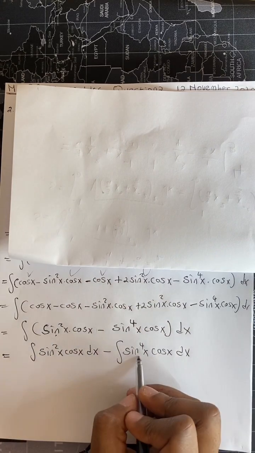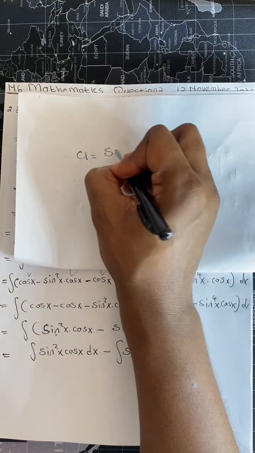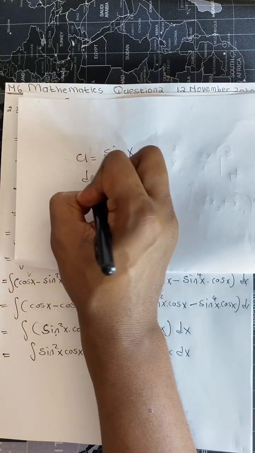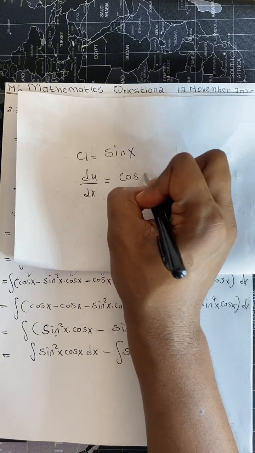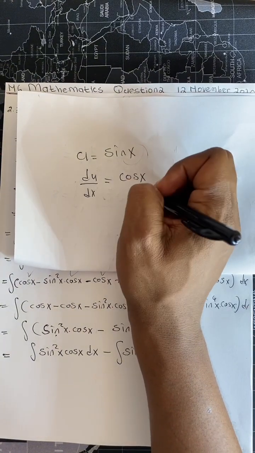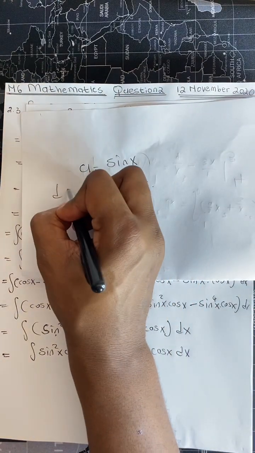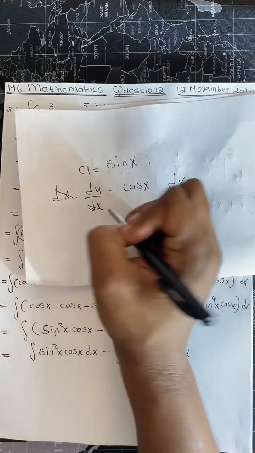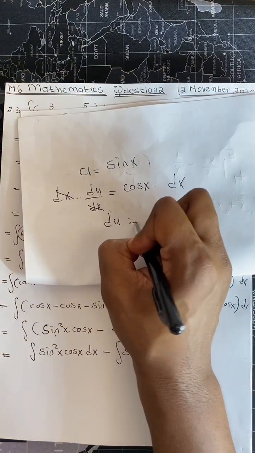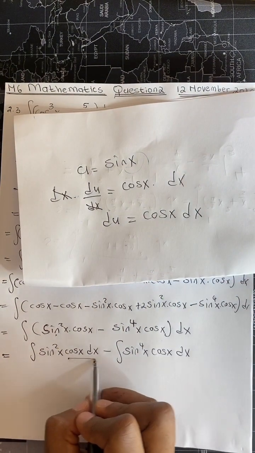We have sine and cos, so we can let u equal sine x. So we differentiate u with respect to x. The derivative of sine x is equal to cos x. When we differentiate that x, you get 1, so there is no need for us to multiply by it. We multiply both sides by dx, so that dx can cancel out with that dx. So du will be equal to cos x dx, and we have cos x dx there.